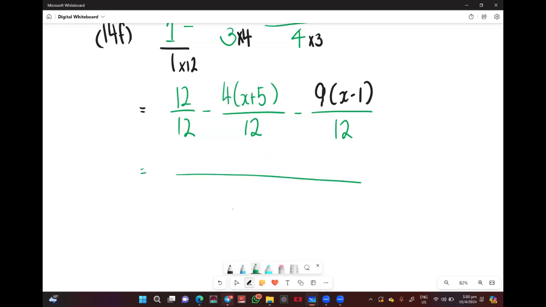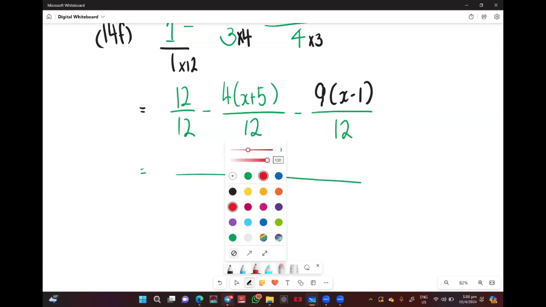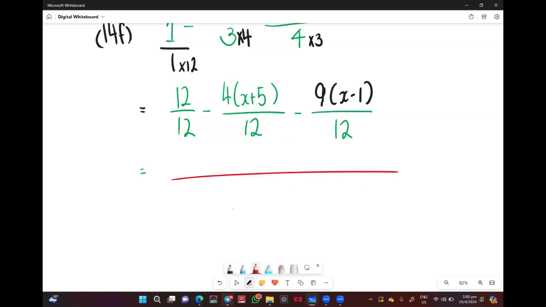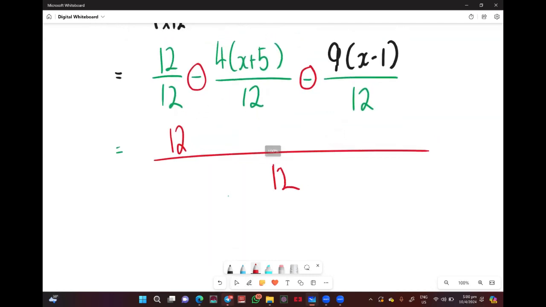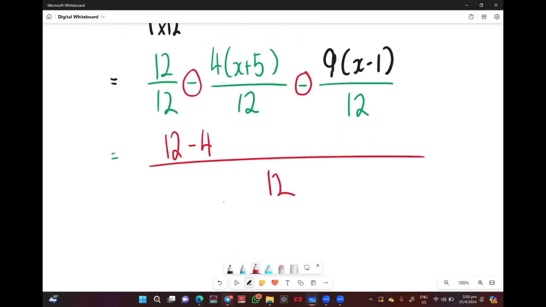You can combine the numerator, since the denominators are all the same. However, we have to be very careful of these minus signs. Am I making sense here? How am I going to present it? Watch. It will be minus 4 bracket x plus 5, minus 9 bracket x minus 1.